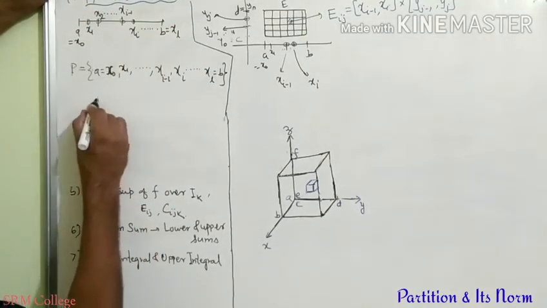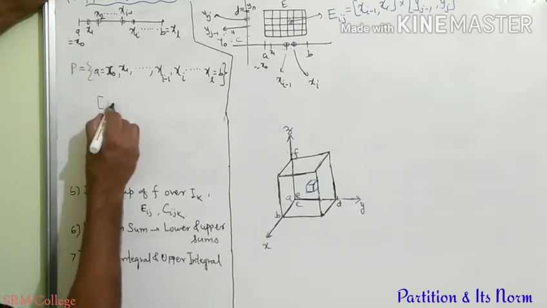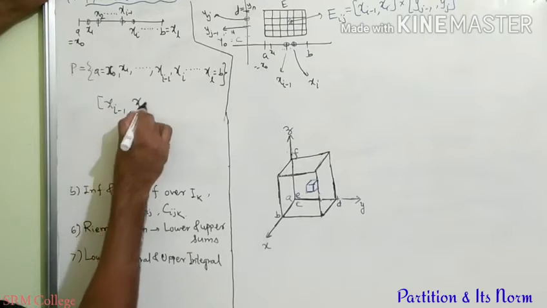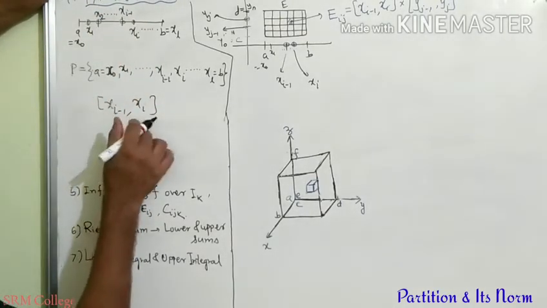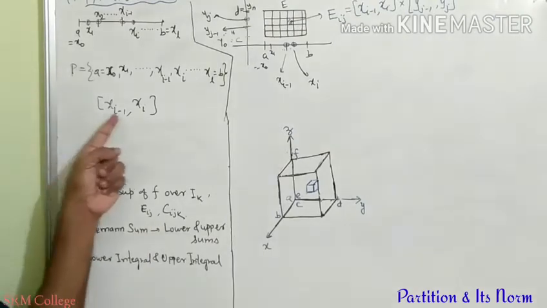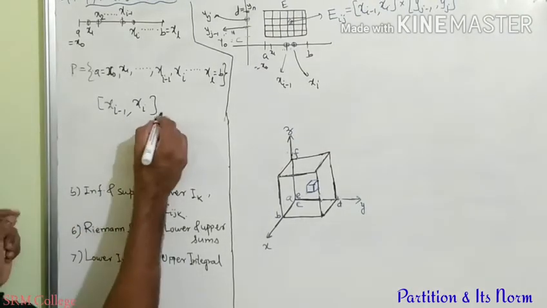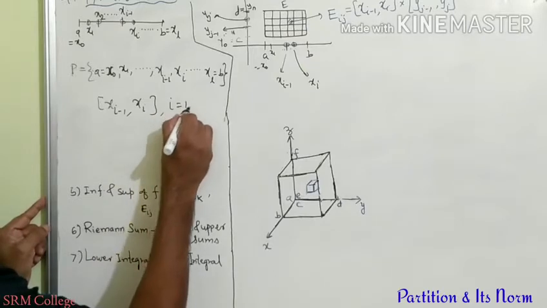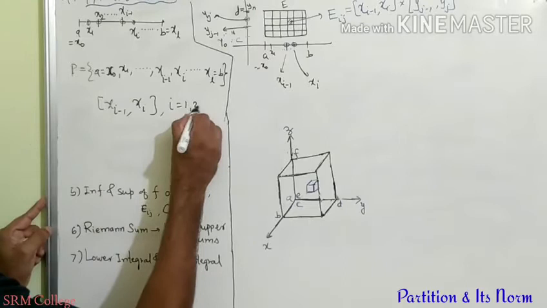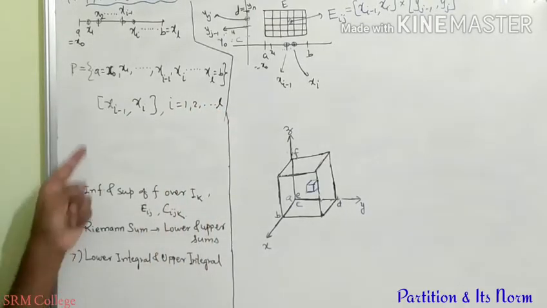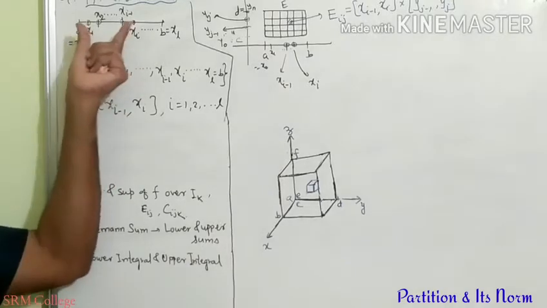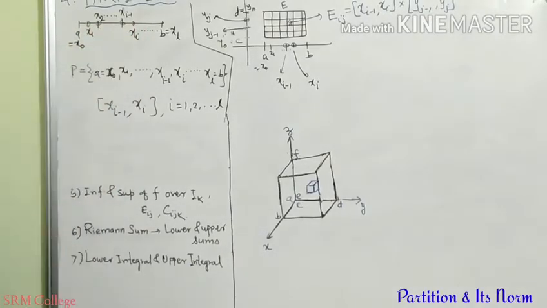So in general, this partition will divide this closed interval AB into L closed and bounded subintervals, where i runs from 1 up to L. So these are the subintervals or small subparts.